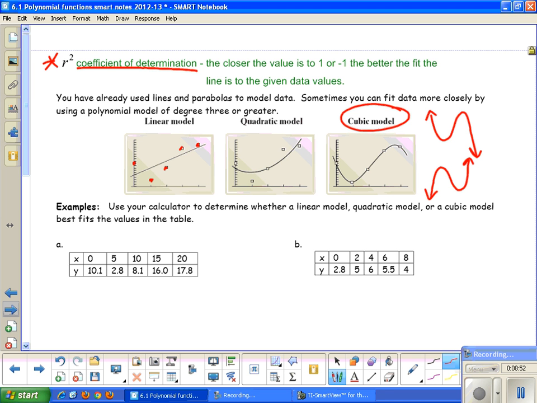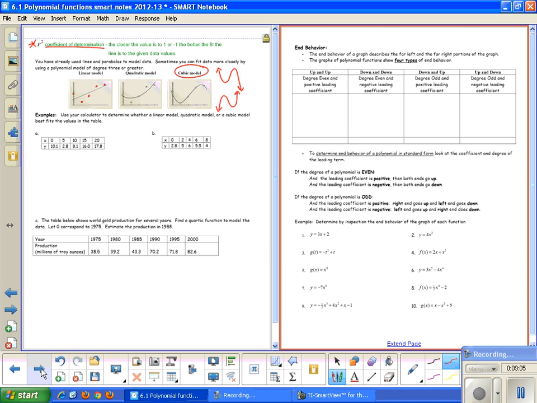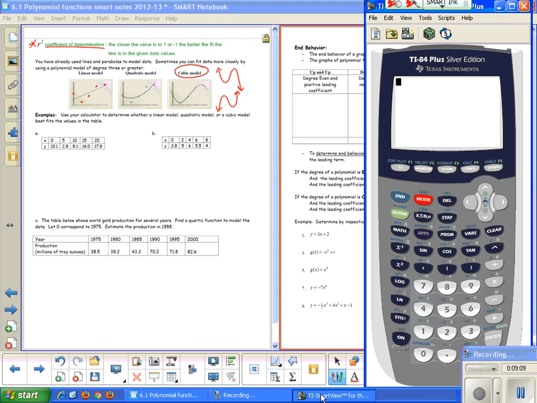Use your calculator to determine whether a linear model, quadratic model, or cubic model best fits the values in the table. So let's go ahead and get our calculators up, and you guys should also get your calculator up. On my calculator, I'm going to first have to plug this into my stat plot.